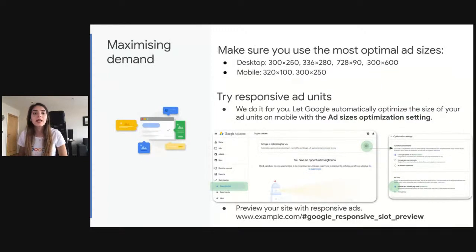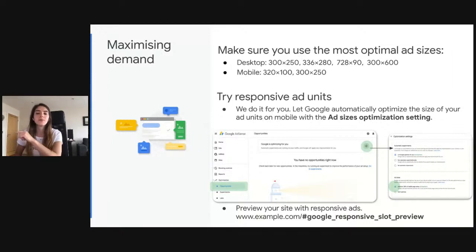The next part is maximizing demand on an ad unit and dimension basis. According to all of our research and data, we know there are a couple of optimal ad sizes, which on desktop are 300 by 250, 300 by 300, and 336 by 280, which are more square sizes.